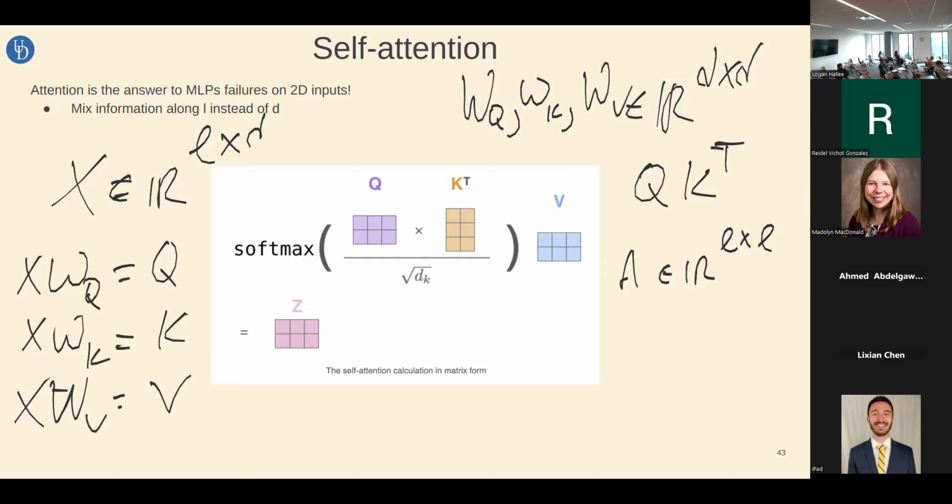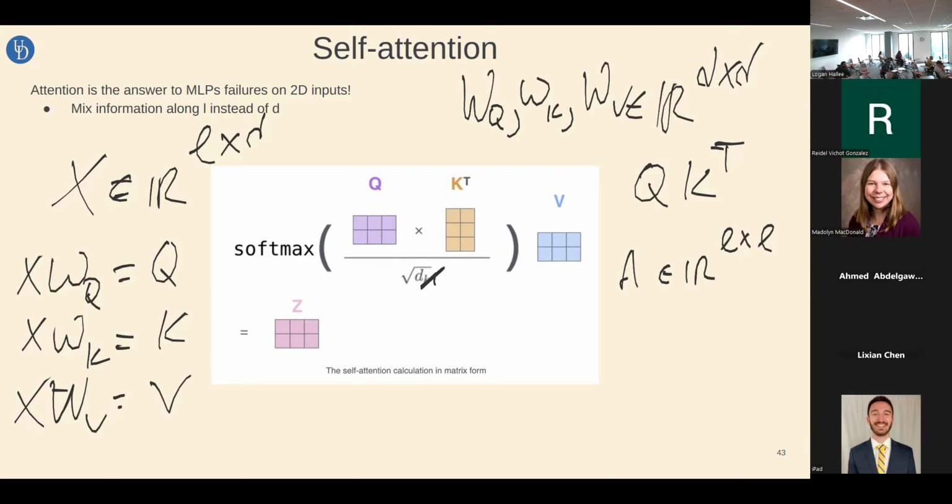But if it was L by D, we just divide by the square root of D. It removes the magnitude a bit, so it's more normalized in general. It makes sure that the softmax is numerically stable, because there are floating point operations happening here and we don't want the numbers too big. But it also makes the dot product a more interpretable similarity heuristic. Any questions?